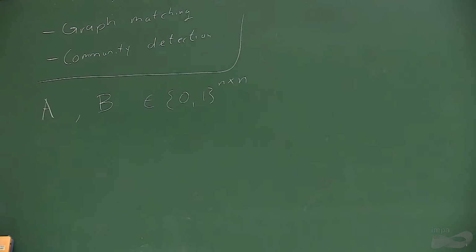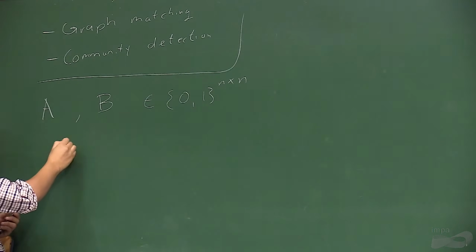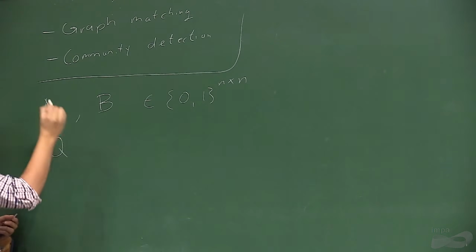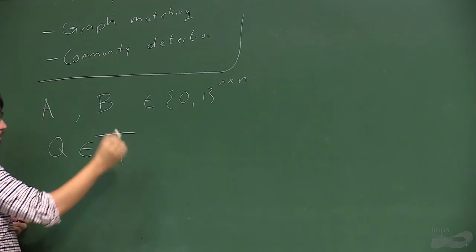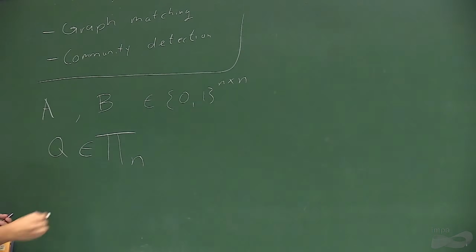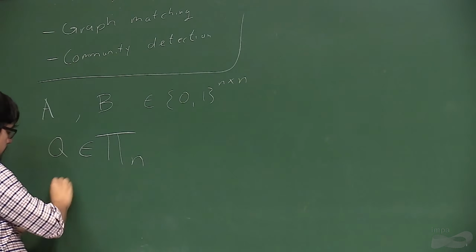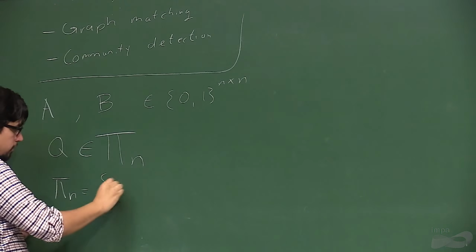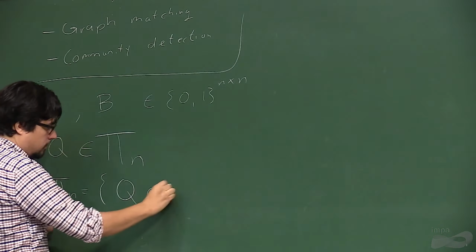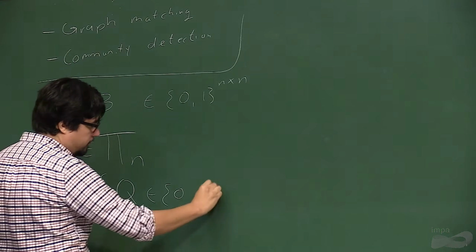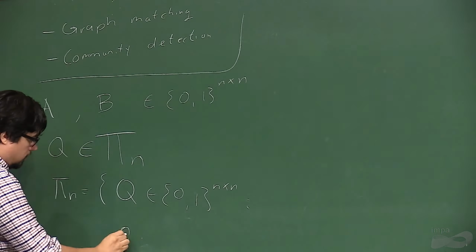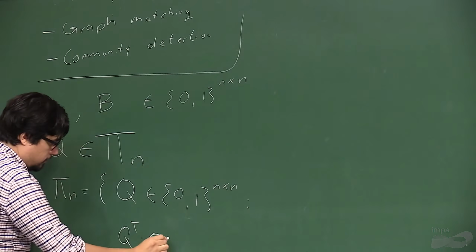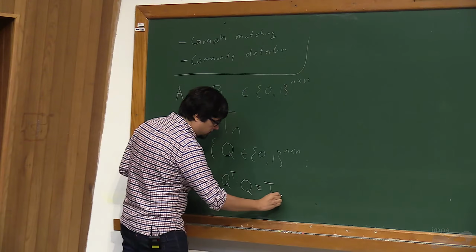So if the two graphs are isomorphic to each other, we can find a permutation matrix Q. I'm going to denote by Π_n the set of permutation matrices. So basically, Π_n contains all the matrices with binary entries such that Q transpose Q is equal to the identity.